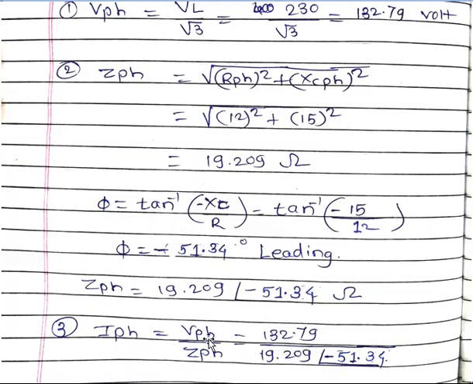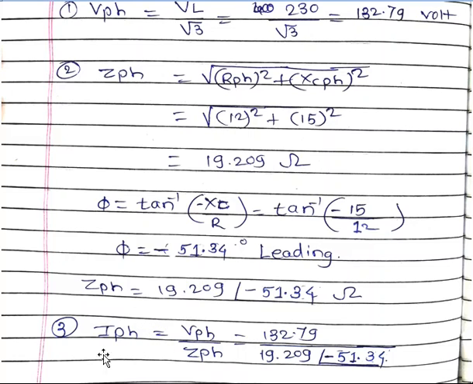The value of IPH is equal to VPH divided by ZPH. Here the value of VPH is equal to 132.79 volt and the value of ZPH is equal to 19.209, the magnitude of ZPH, and the angle of ZPH is equal to minus 51.34 degree.